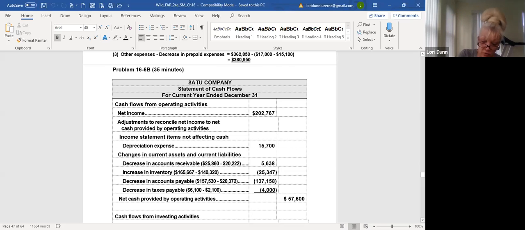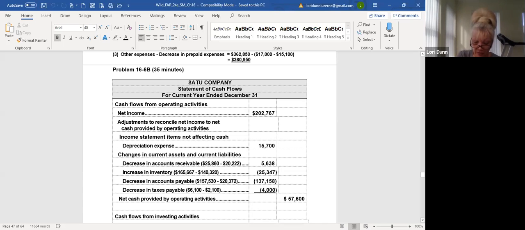Equipment starts with a $77,500 balance at the beginning of the year, and it ends with a $107,750 debit balance at the end of this year. So it looks like it increased overall, but we need to know why it increased. Take a look at accumulated depreciation.